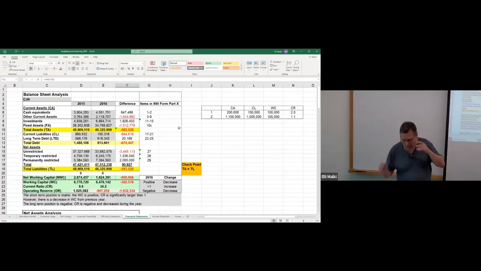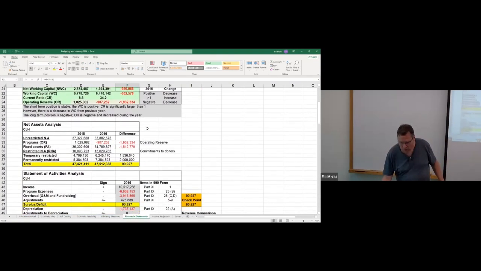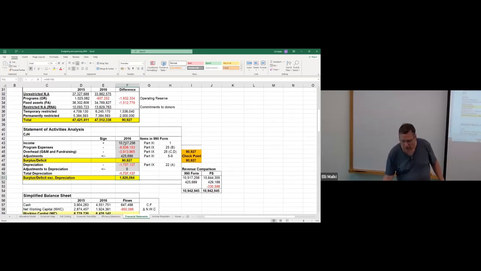Okay? Let me explain it again. We have shown here income of 10.5. Okay, additional income due to adjustment of 425. So you can see that the total income was 10.9 million.